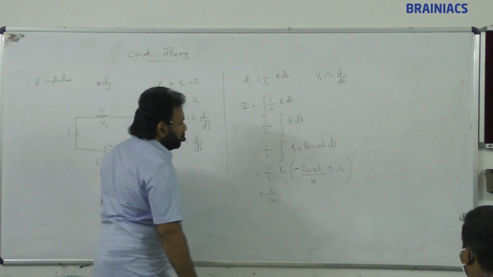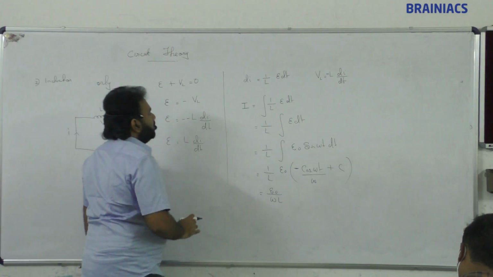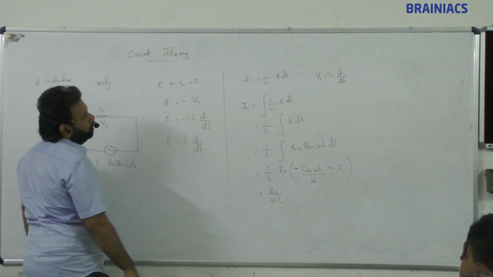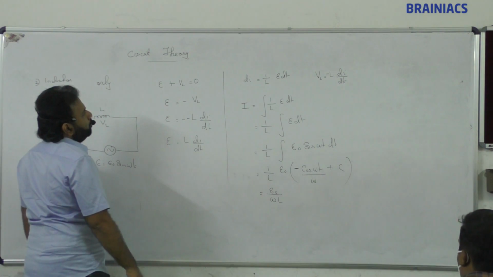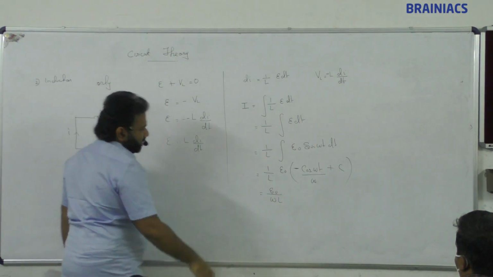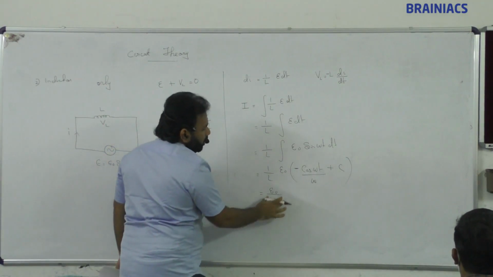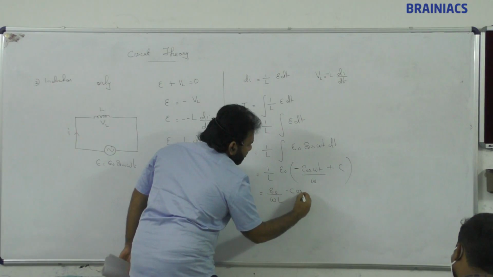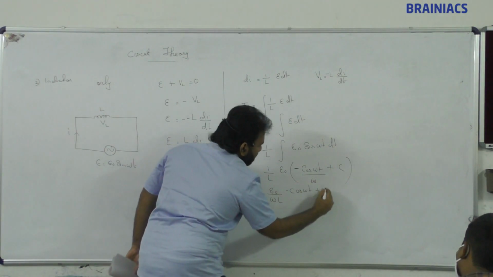Right, so the minus is there. Okay, fine, E naught by omega L. This will become minus cos omega t plus c.